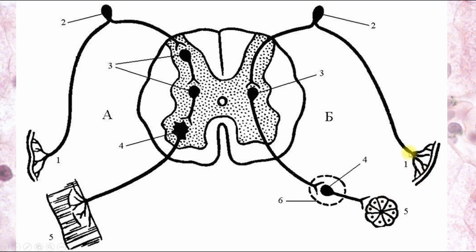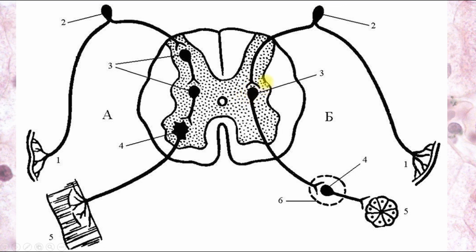Here we can see dendrites of pseudounipolar neurons, sensory neurons. They receive information from skin, from inner organs. For example, we are eating something and receptors in the nose react to this information and send impulse to the sensory neuron, and this sensory neuron sends impulse through the axon to the lateral horns, additional horns, which contain interneurons.